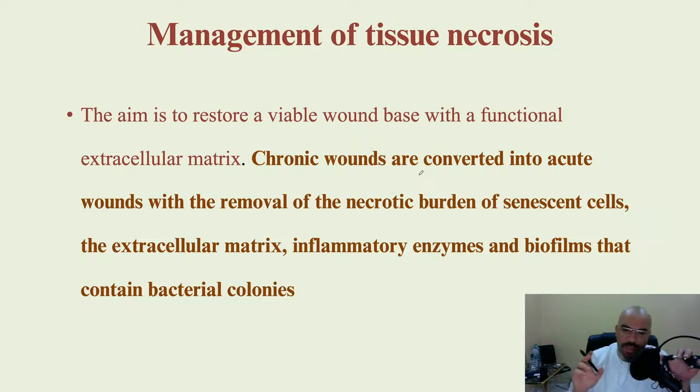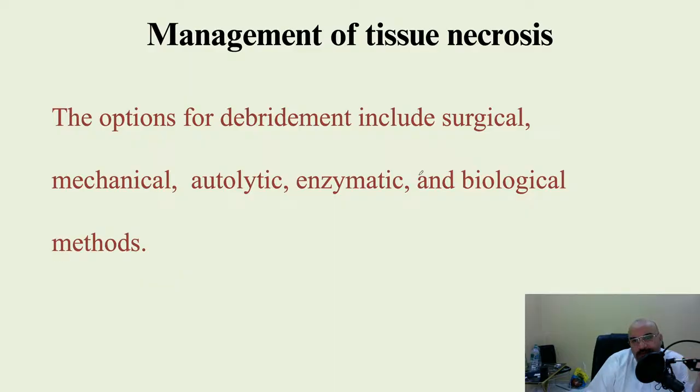So now we already agree about the need to remove these tissues, but how will I remove these bad tissues? The first priority is whether the wound is healable. Let's take it that way, the healability of the wound.